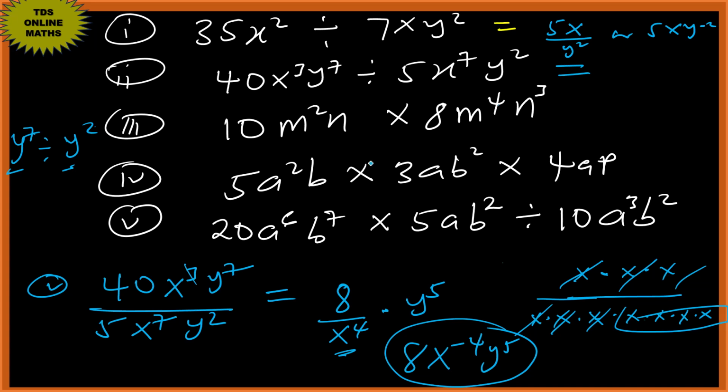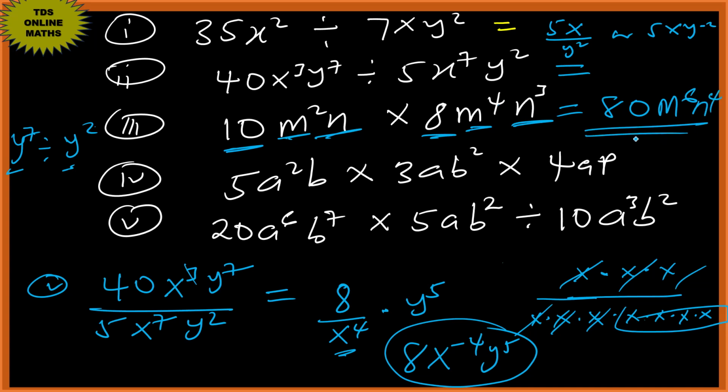Now the third one, we have 10 times 8, so we have 80. So m squared, m to the power 4, we have m to the power 6, n cubed n, so we have n to the power 4. So that is the answer. We have the same thing here, 5 times 3 times 4, 5, 3, 15.